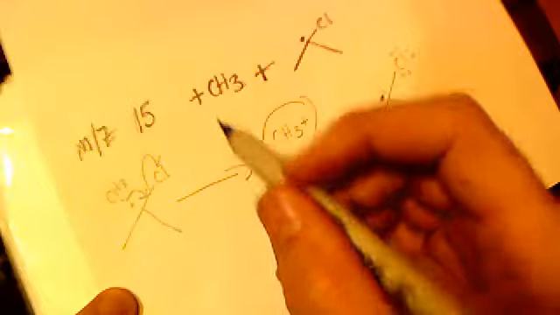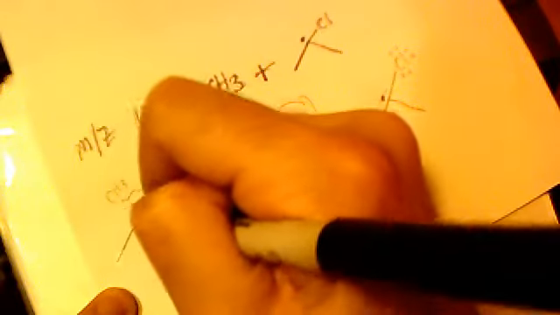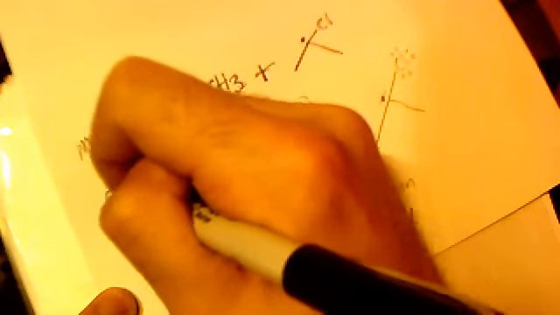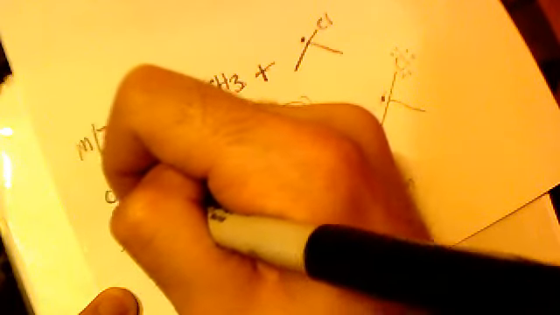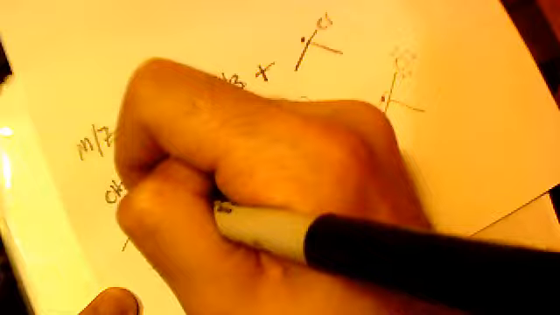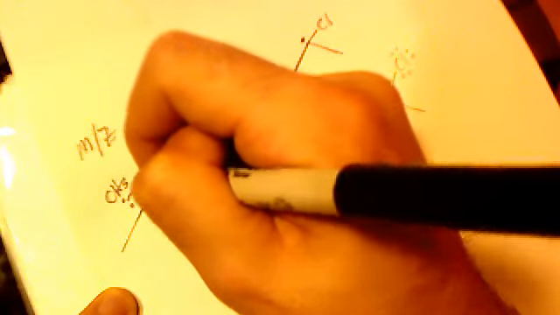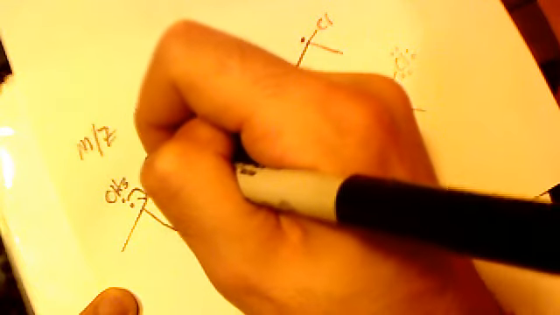In order for that to happen, the methyl group here would have to donate its bonding electrons, and one of those electrons would come up here to the chlorine.